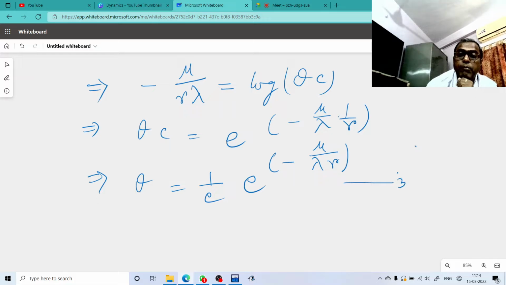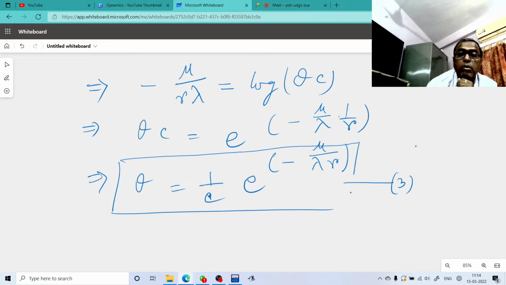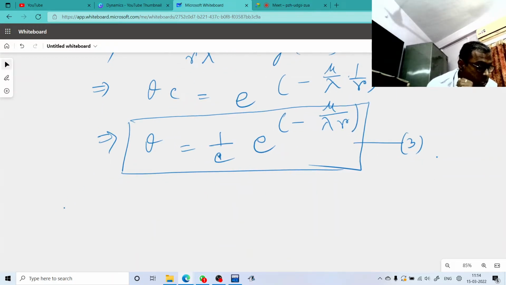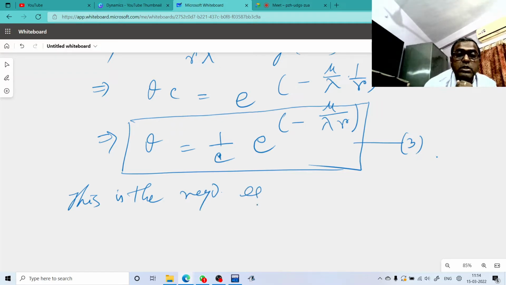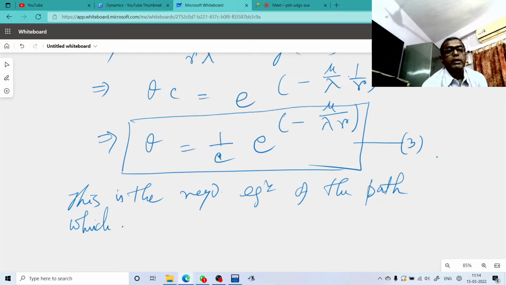This is equation 3, and this is the required equation of the path, which is an equiangular spiral.